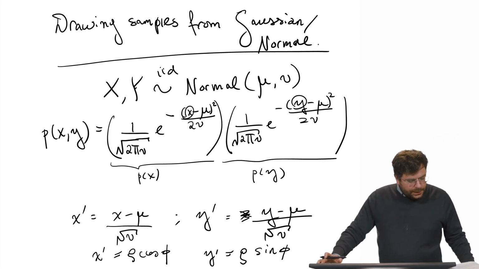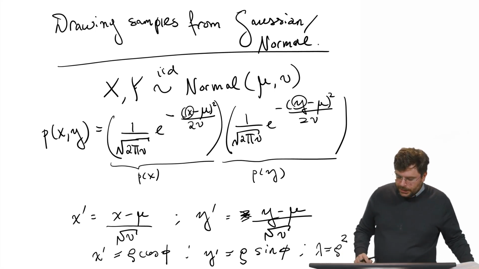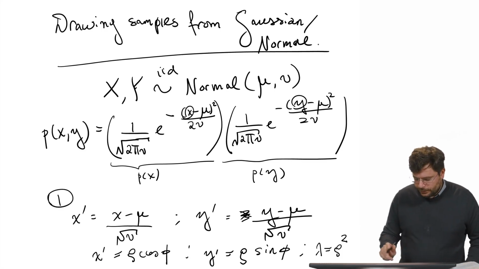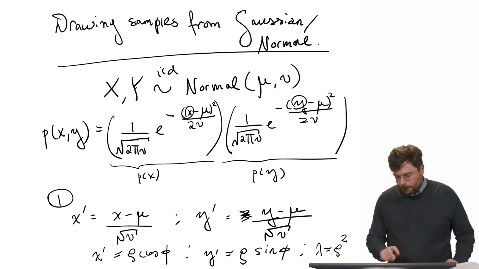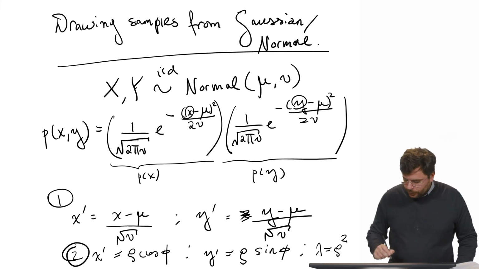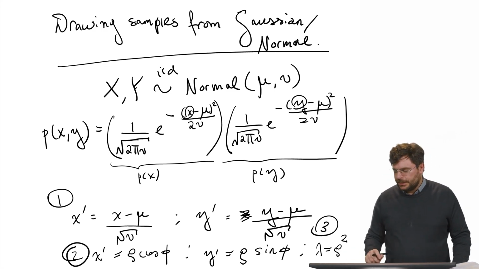Okay, then I'm finally going to define a new variable, and it's going to be lambda equals rho squared. So if I make these three transformations, transformation 1 to recenter the Gaussian, transformation 2 in polar coordinates, and transformation 3, we'll see why we do that transformation in a second.